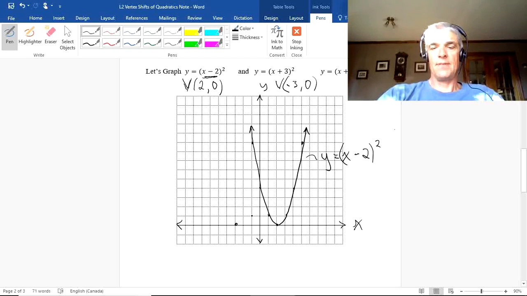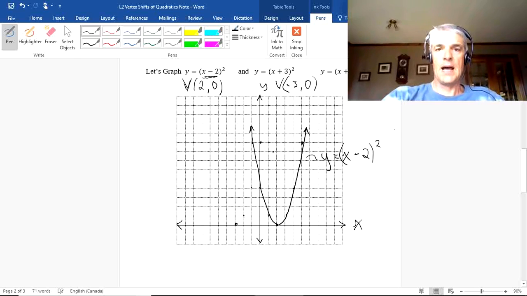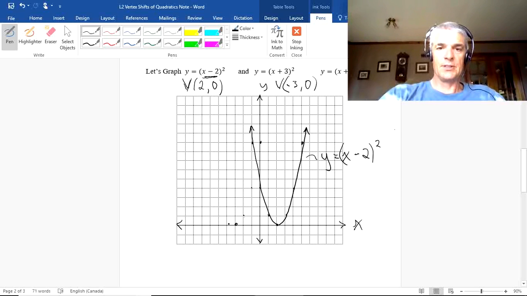And I can graph this one as well. 1 over 1 up, 1 over 1, 2, 3 up, 1 over 1, 2, 3, 4, 5 up. And then I can do the same on the other side. 1 over 1 up, 1 over 1, 2, 3, and 1 over 1, 2, 3, 4, 5.